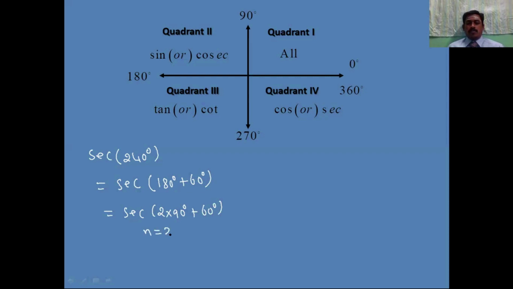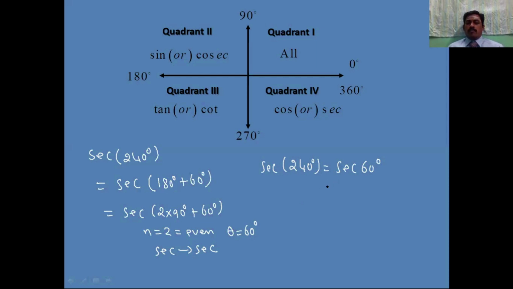Here the n value is 2, that is an even number, and theta is 60 degrees. So n is even, no need to change the trigonometric function. Secant can be written in the form of secant only. So secant of 240 can be written as secant 60 degrees.